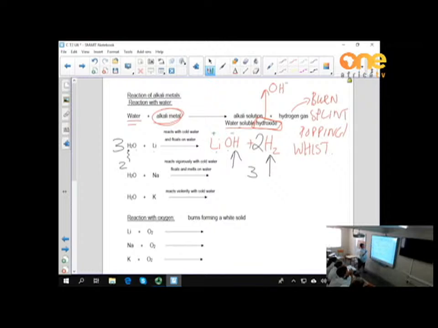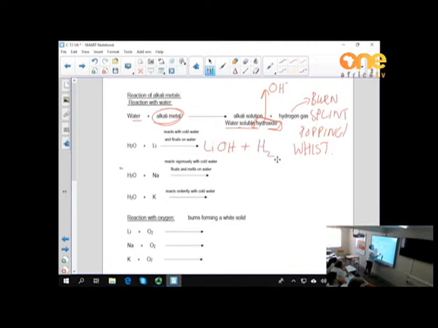Okay, now count the hydrogens. Now, how many hydrogens have I got? I've got 6 hydrogens. How many oxygens have I got? 3. So let's first do lithium hydroxide plus hydrogen.